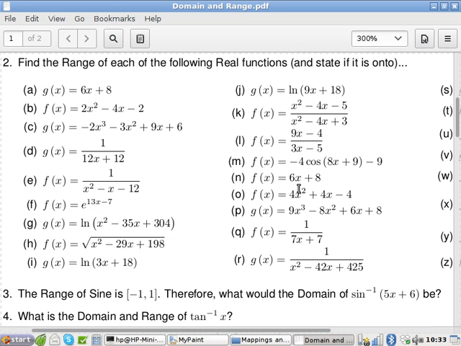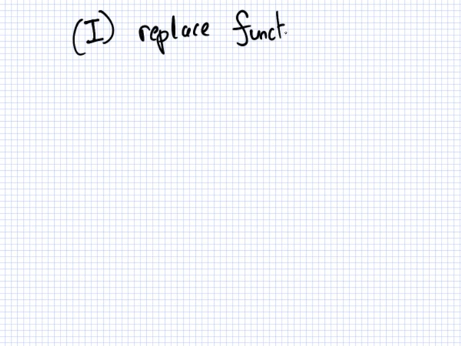The next one, the range, is quite difficult. It's not as easy as the domain, okay? So please watch carefully for the range. We can do the range as follows. These are the steps. Step 1, replace f, the function, with y, for example.